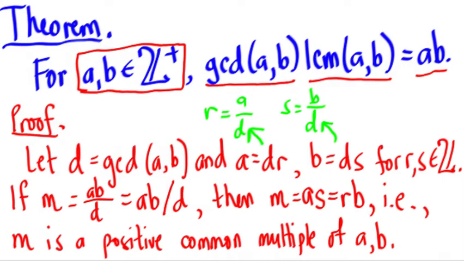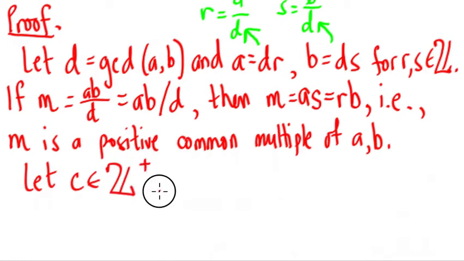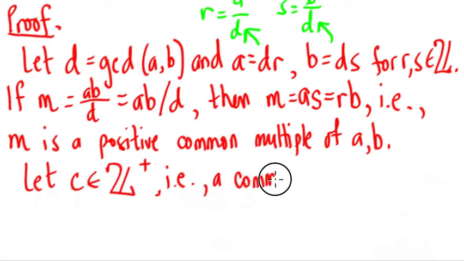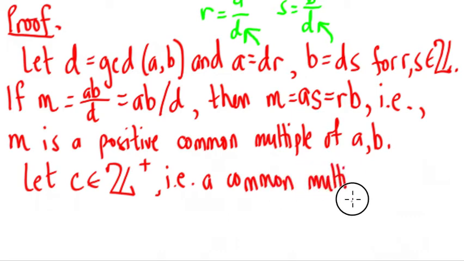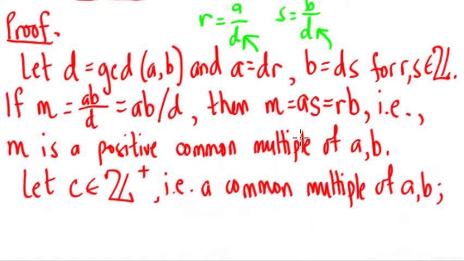Now, after this part of the proof, we will let another variable C be any positive integer that is a common multiple of A and B. And for definiteness, what we're going to do is just follow all this reasoning above, using this same reasoning.